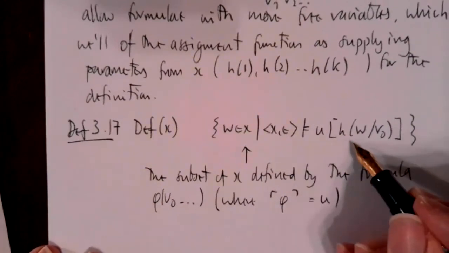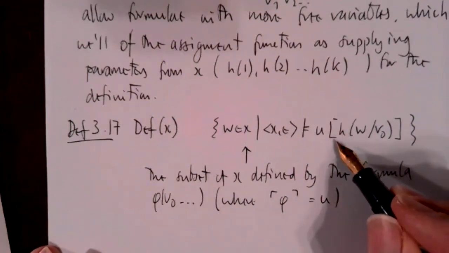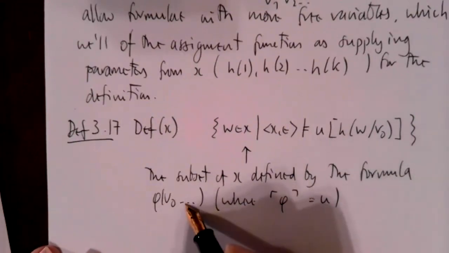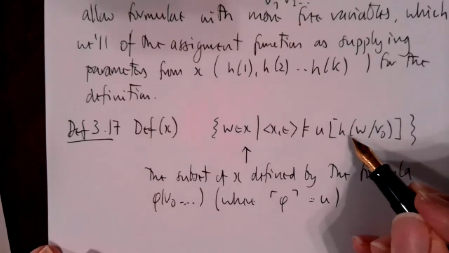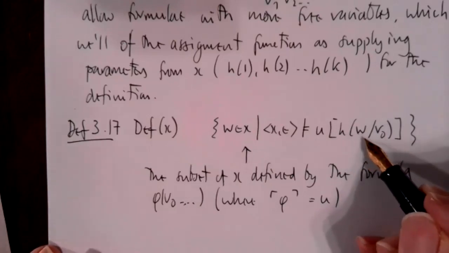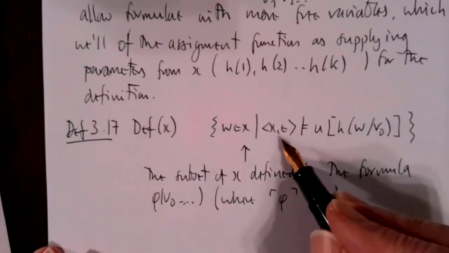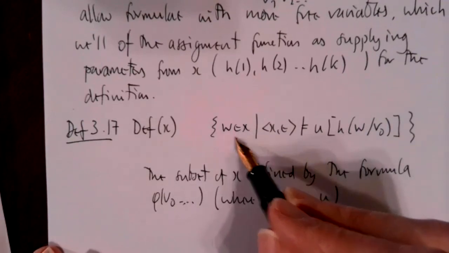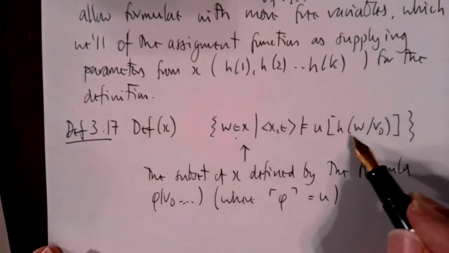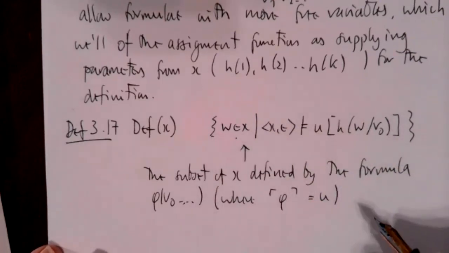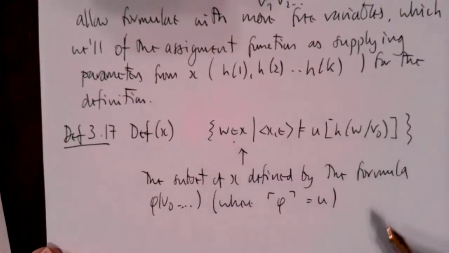And we allow here, we take a fixed H, which will assign objects to other free variables in phi. But now we look and see if we tweak H and let v0 be all the possible W's there are in X, some will become true in X, in which case we'll put them in the set. And the others for which this doesn't hold, then we leave it out. And so def X will be the set of these things.